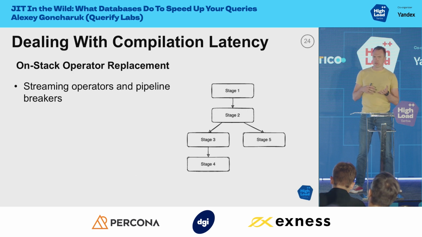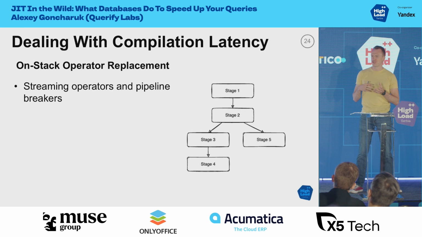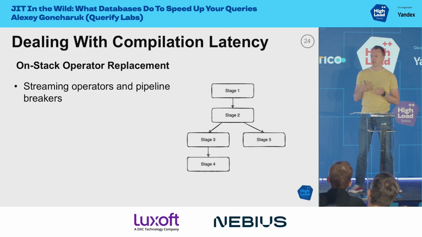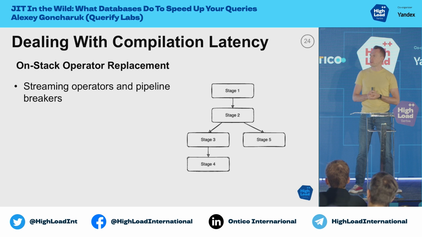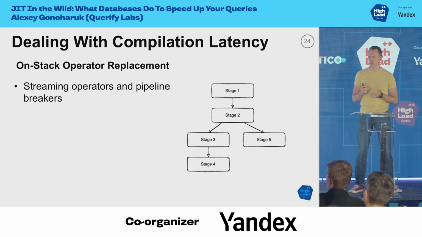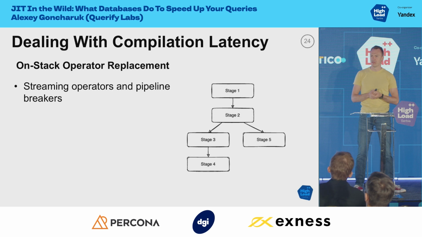Sometimes the compilation time may exceed the query runtime, so you definitely want to avoid that. One of the optimizations that can be used is so-called on-stack operator replacement. It's, let's say, a synonym to on-stack function replacement or class replacement in the JVM.